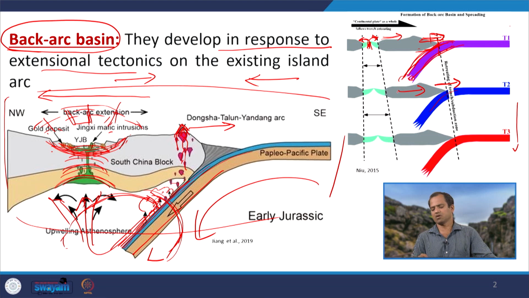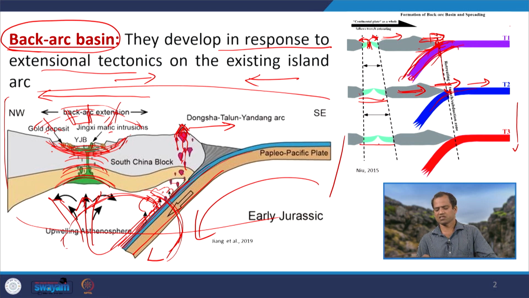Now, due to extension of this basin, this plate is moving this way, and due to pushing, this bending or bulge is shifting further towards the east. You can say the trench which was earlier here is shifting its position, the subduction zone is shifting its position.